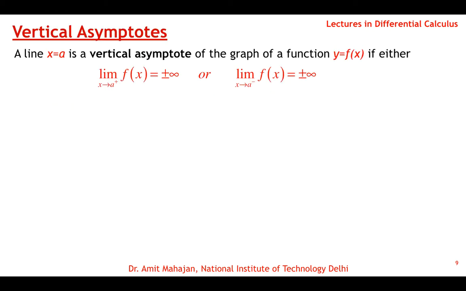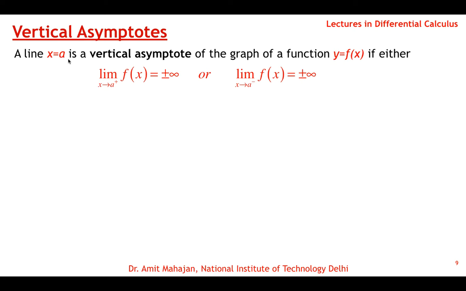Okay, now we talk about the vertical asymptotes, and just like horizontal asymptotes means the lines parallel to the x-axis, vertical asymptotes means finding lines parallel to the y-axis. Okay, so vertical lines, and we know that the equation of a vertical line is like x is equal to a.